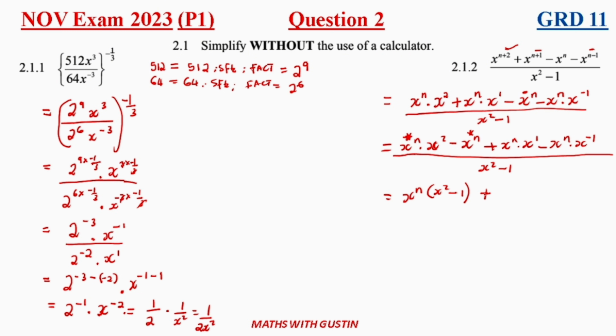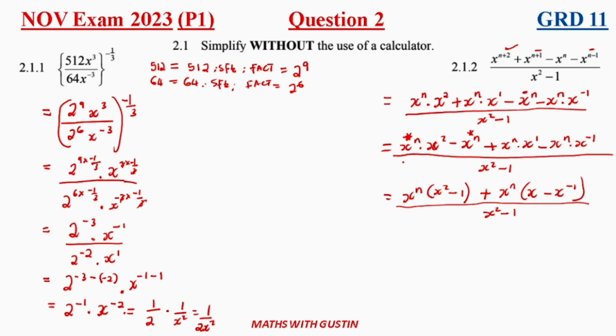Now we take out another common factor, which is x to the power of n. We're going to be left with x to the power of 1 minus x to the power of negative 1, all of this in a closed bracket, over x squared minus 1.